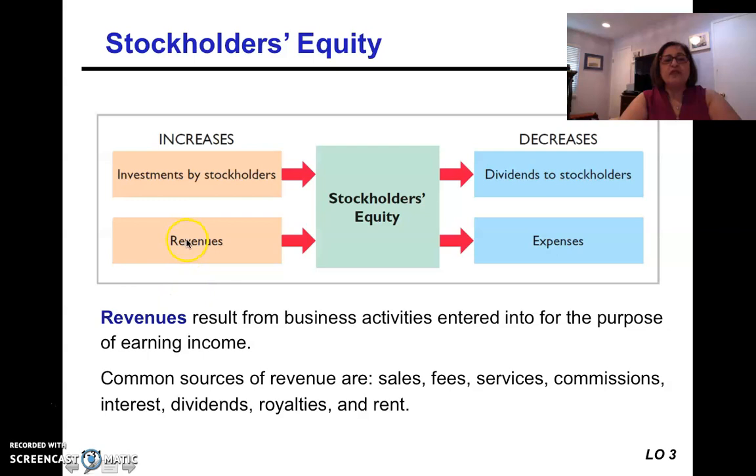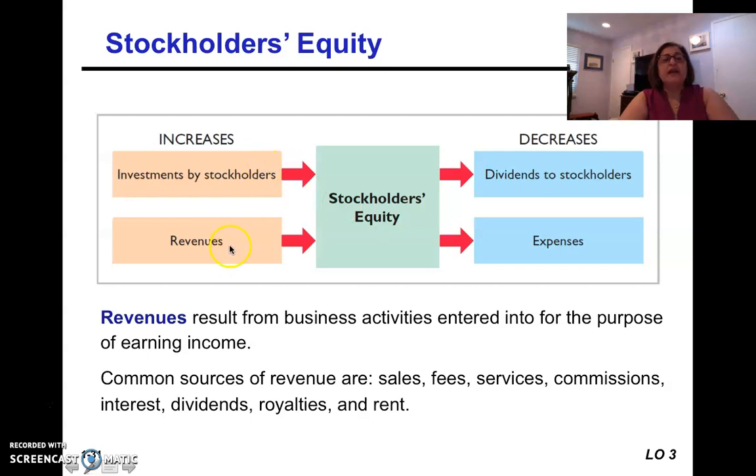So revenues result from business activities that are entered into for the purpose of earning money, income. So it's a result and effect. If you start providing services, you have revenue, and as a result of providing services and revenue, assets increase as well.